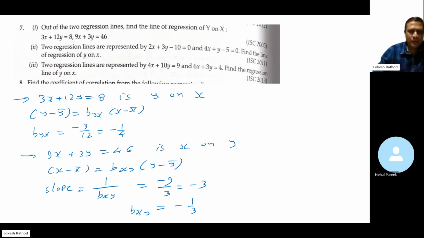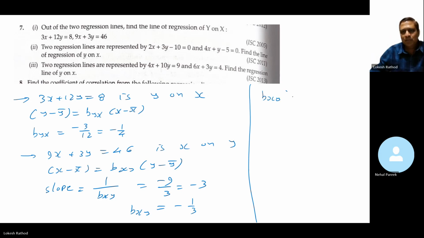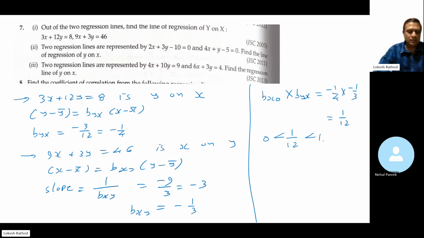Now bxy multiplied by byx should be between 0 and 1, because that is r square, right? Here in this case, minus 1/4 times minus 1/3 is 1/12, which is between 0 and 1.